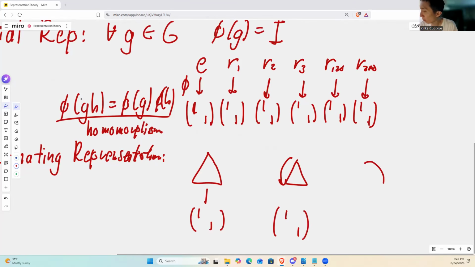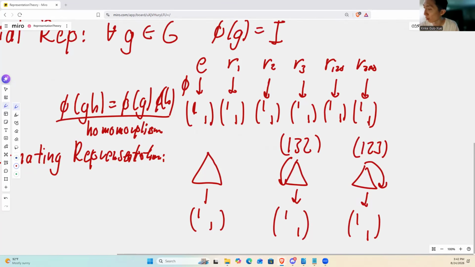If you rotate it 240 degrees, it also sends it to the identity because it's also an even permutation. Like this permutation, if it acts on the vertices as a group action, then maybe this is like (1 2 3) and (3 2 1). So these are even permutations.